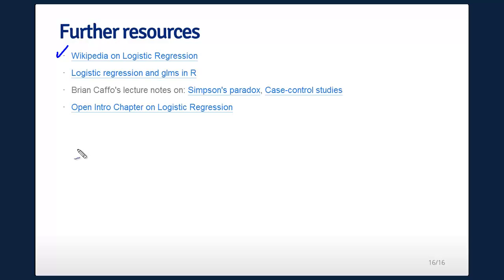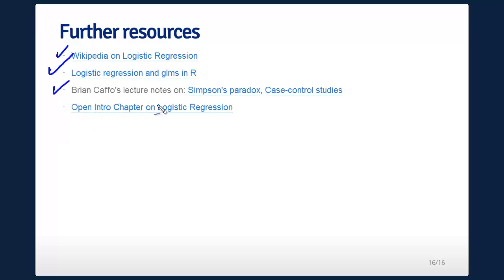I was the research assistant for a person named Alan Agresti when I was in grad school, and his book on categorical data analysis I find to be a wonderful treatment of generalized linear models as they apply to categorical data like binary data, Poisson data, multinomial data, and so on. I give you some more links here.